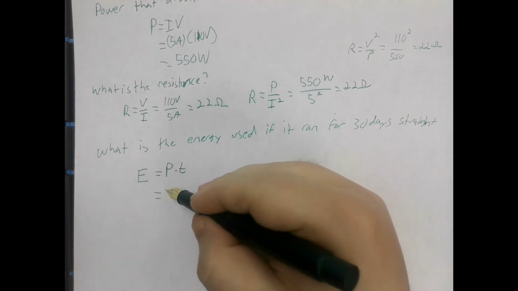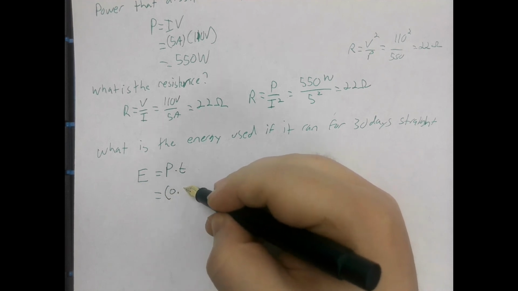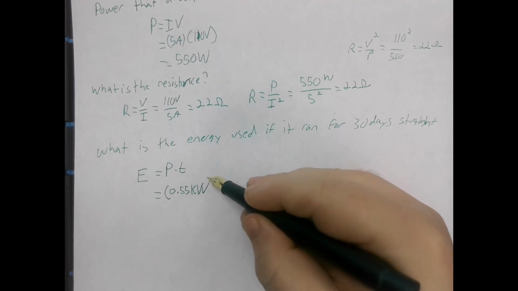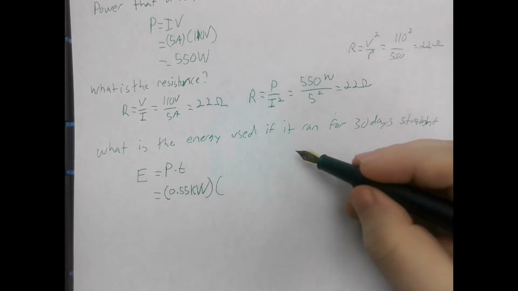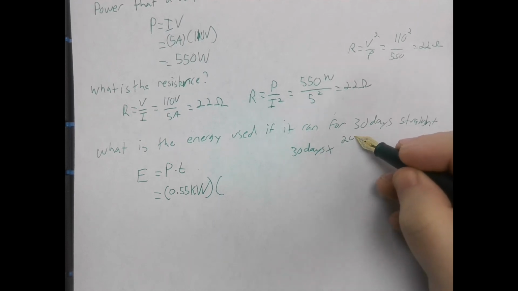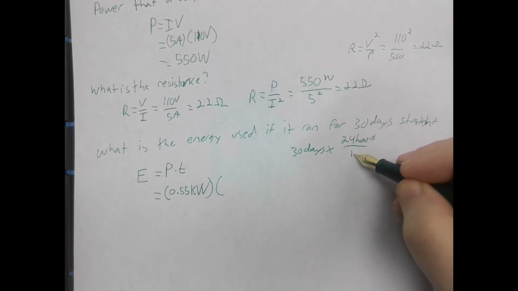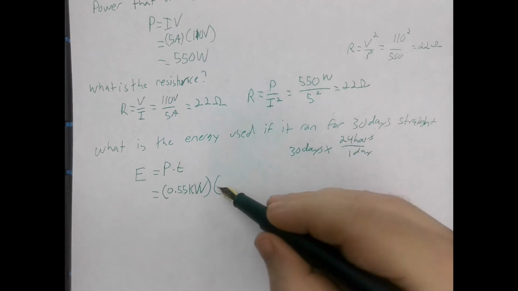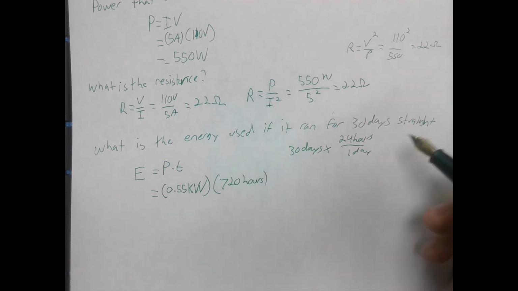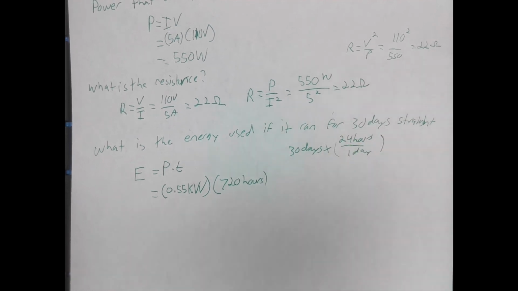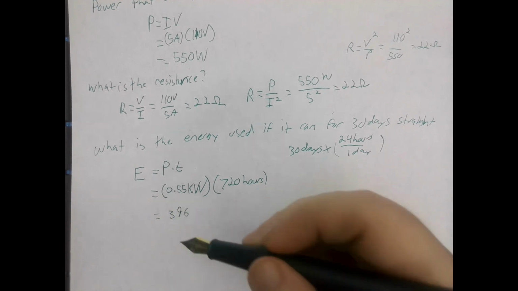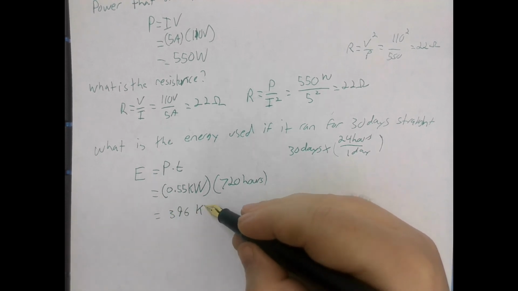So the power is 0.55 kilowatts. The time, so 30 days, there are 24 hours in one day. So that's 720 hours. And that gives us 396 kilowatt hours.